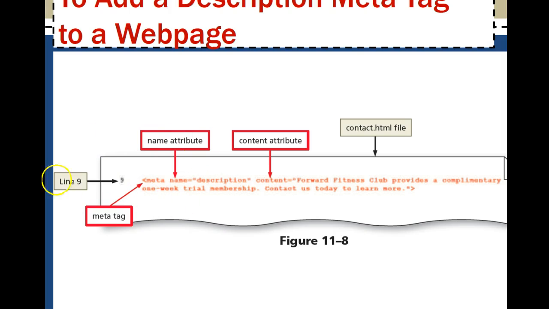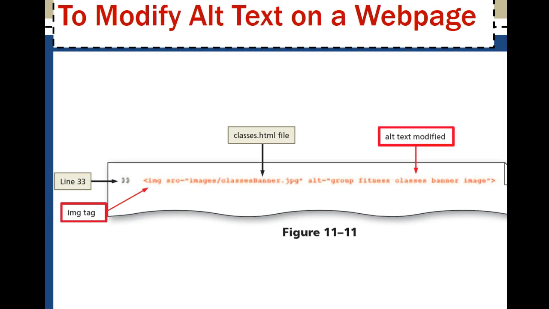So here we have the meta tag, and then the name, where we put description, then the content attribute, and then we put the content in there. You can put that in your index.html.